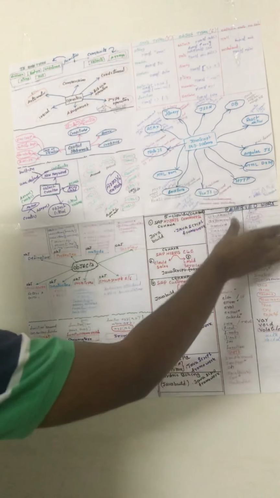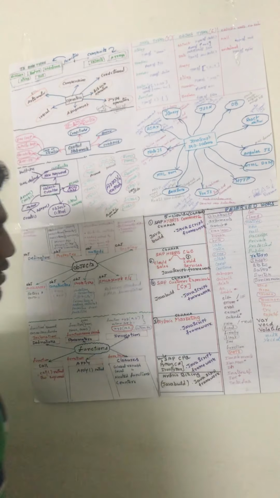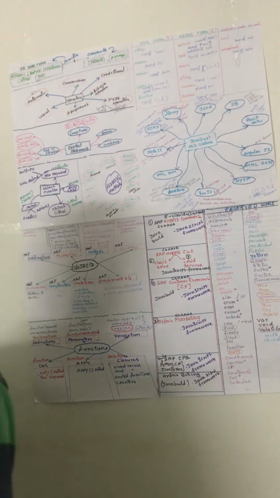And next, the last topic here is reserved words. As I already told about ECMA, European Computer Manufacturers Association, their latest version is 5.6.